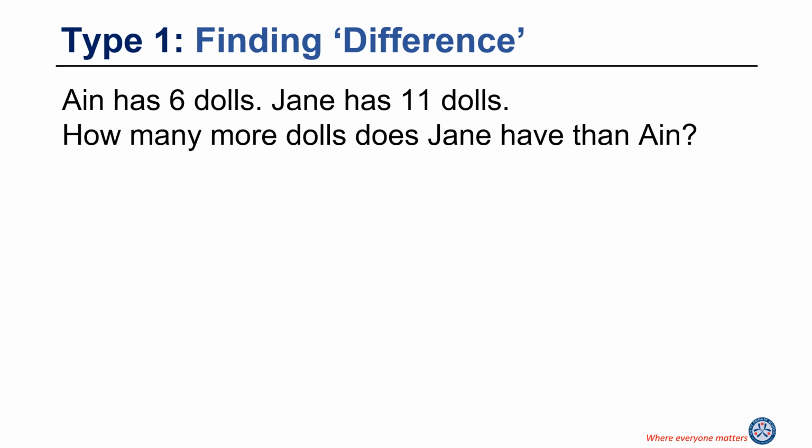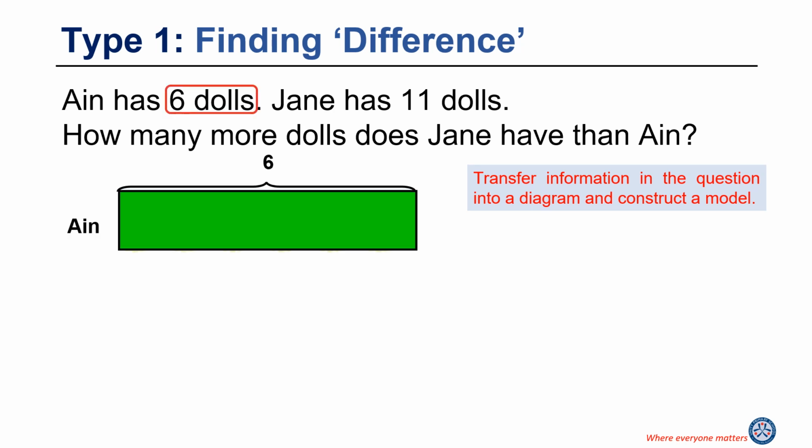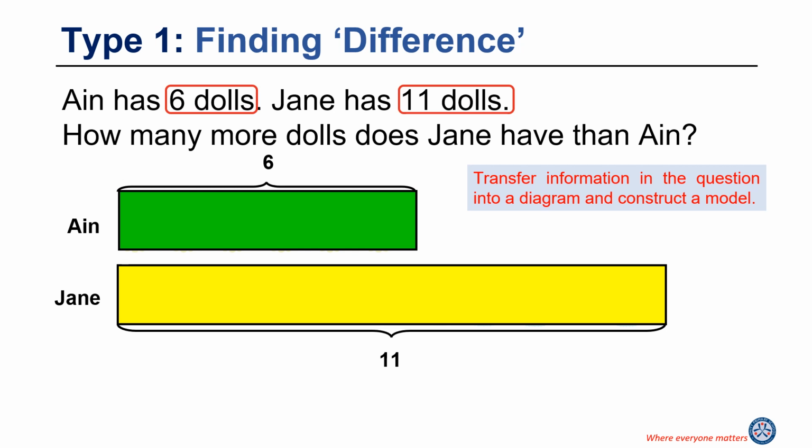For a start, we can start visualizing and comparing who has more dolls. Ayin has 6 dolls and Jane has 11 dolls. Jane has more dolls than Ayin, so Jane's model bar will be longer than Ayin's.